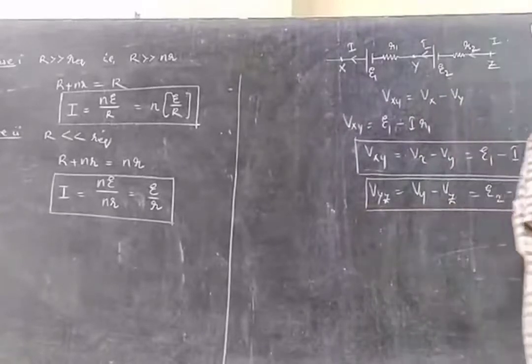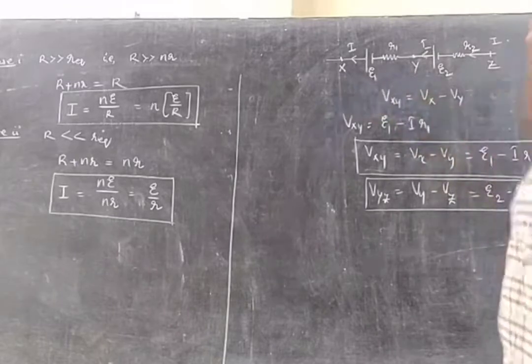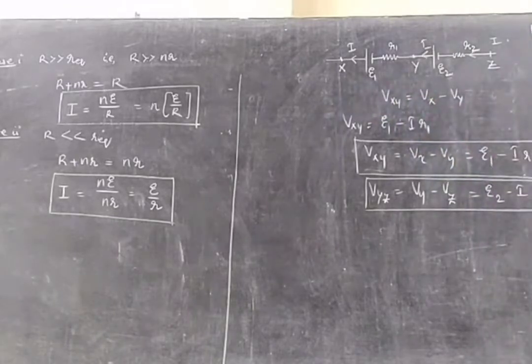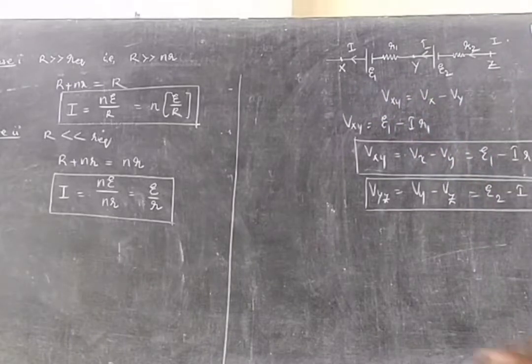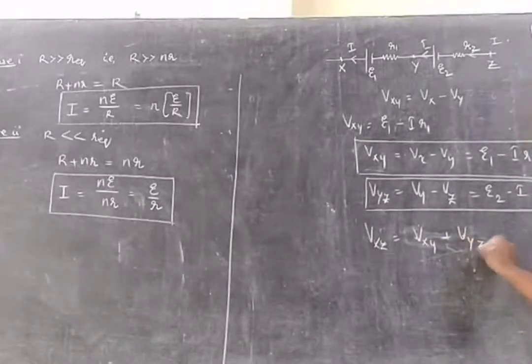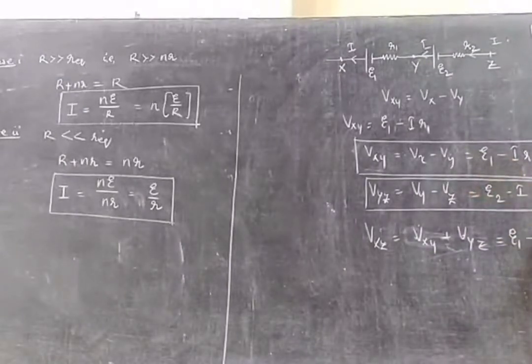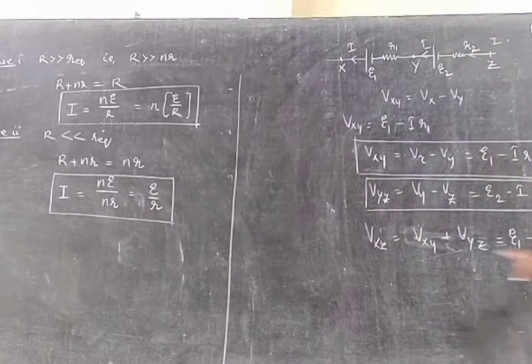Similarly, XZ. Come on, anybody in the class? XZ. So Vxy plus Vyz. So what is the value of Vxy? E1 minus IR1, plus what is the value of YZ? E2. Is it clear?